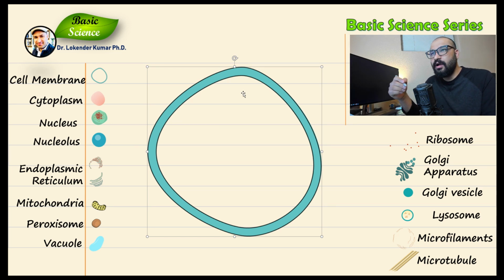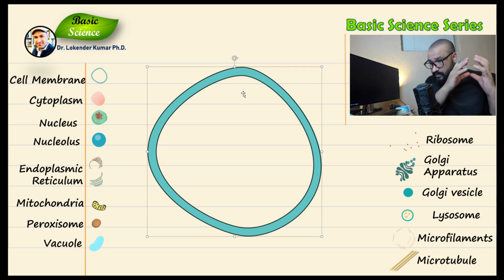Its important role is also in the transportation of material from outside to inside as well as from inside to the outside environment of the cell. And the structure of this particular plasma membrane is basically composed of phospholipids. And those phospholipids have hydrophobic and hydrophilic ends.